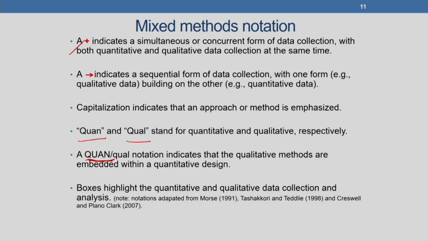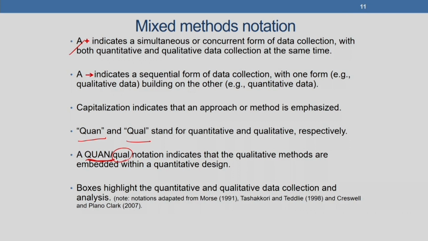A quan slash qual notation indicates that the qualitative methods are embedded within a quantitative design. So, if we have a capitalized quan and a lowercase qual, the qualitative approach is embedded within the quantitative approach.